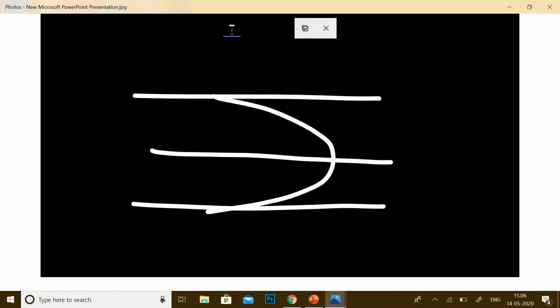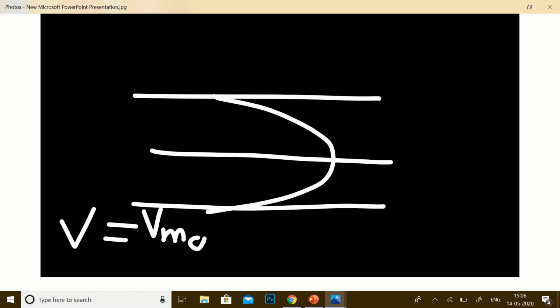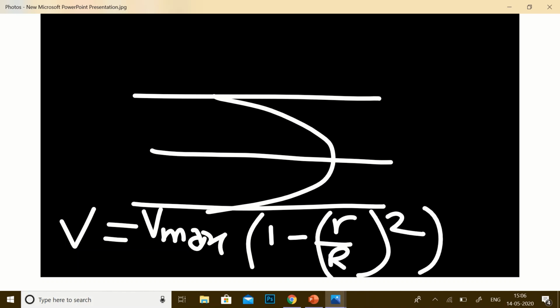If you can recall the equation, V is equal to V max times 1 minus r upon capital R, the whole square. This is the equation of the velocity profile we usually use. So this V max can be calculated from the center line velocity, which is given by the Pitot tube.